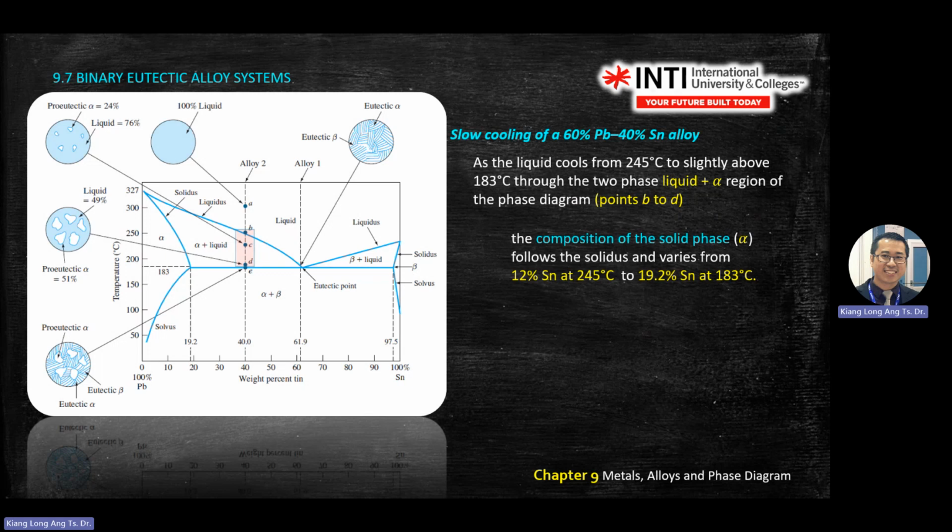It varies from B here, 12%, and drops along this line to 19.2%. Each one has a different temperature. Here is about 245, then this point is 183.